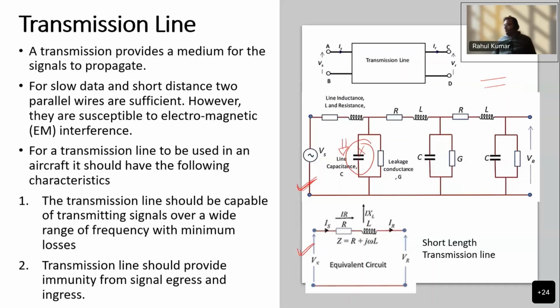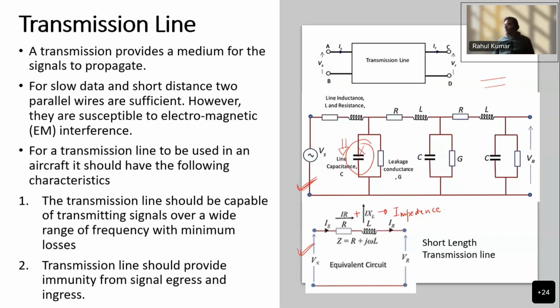Now, because of this, you have resistance and inductance, which together are called impedance. Because of this impedance of the wire, when current or electrical energy flows through this wire, the wire will get heated and lose some energy.